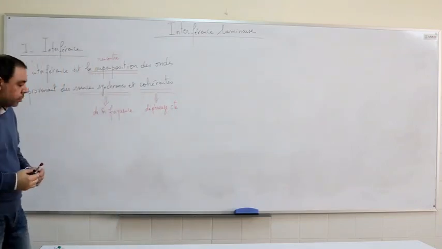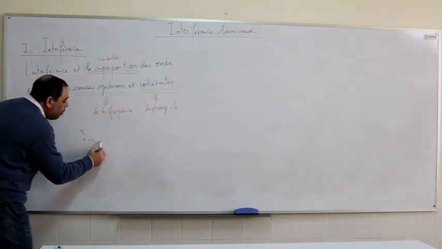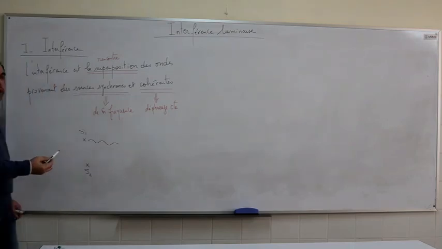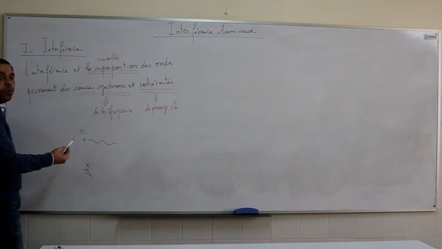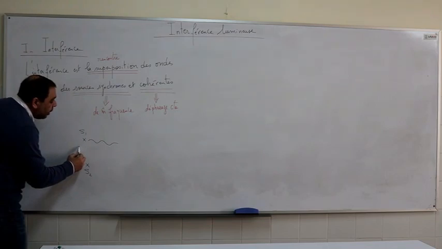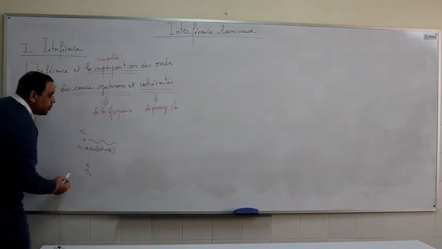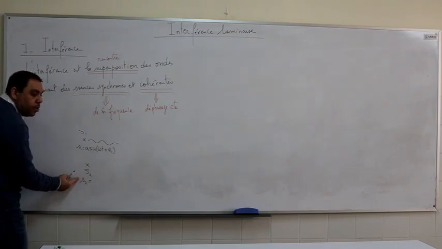So what does coherent and synchronous actually mean? Consider the sources S1 and S2. Assume that the sources produce sinusoidal waves, having the expressions S1 equals A sine omega t plus phi 1 and S2 equals B sine omega t plus phi 2.